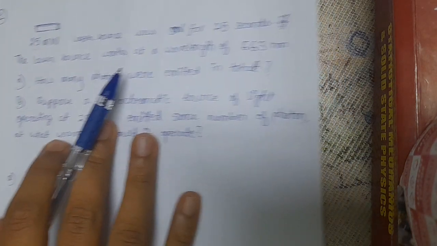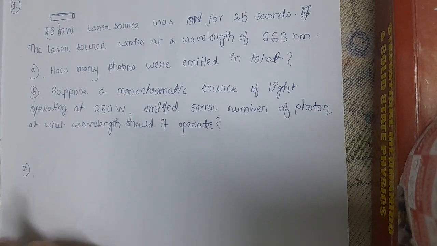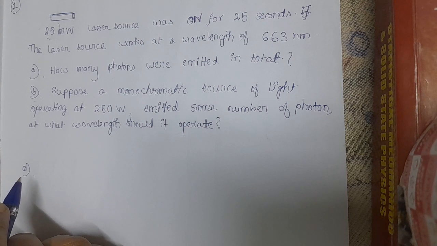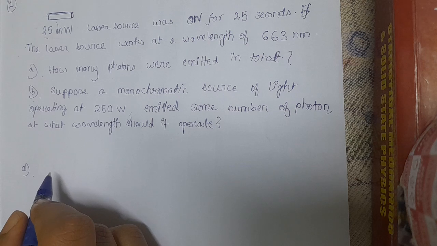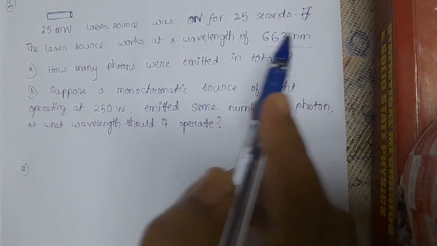It will solely depend on the wavelength, because the energy of each photon is given by the formula E equals hc by lambda. So h and c are constants, so the only variable term in this quantity is lambda. So this thing is important.